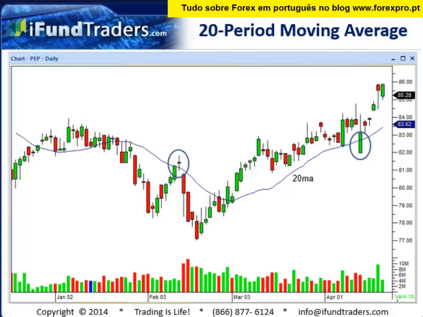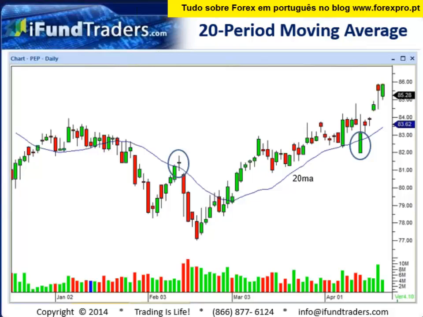Human nature is what creates these patterns, and human nature does not change when you move time frames. So if human beings are trading the market on a daily time frame, they're not going to suddenly become emotionally and psychologically different human beings because you now have a 1-minute chart or a 5-minute chart or a 15-minute chart.